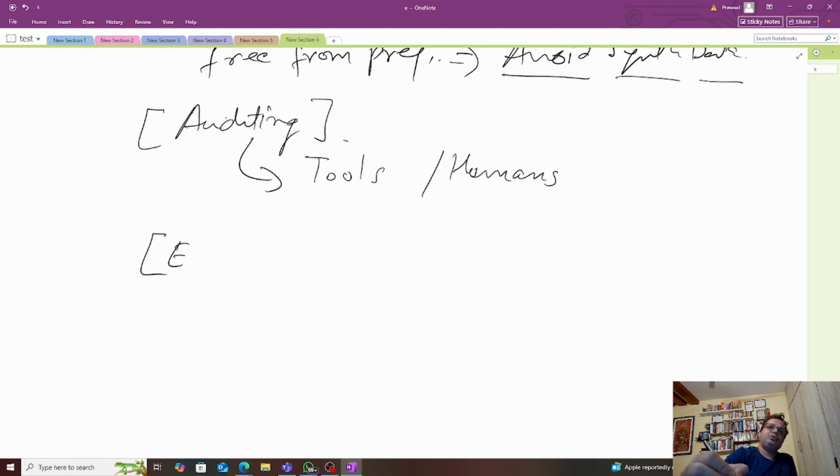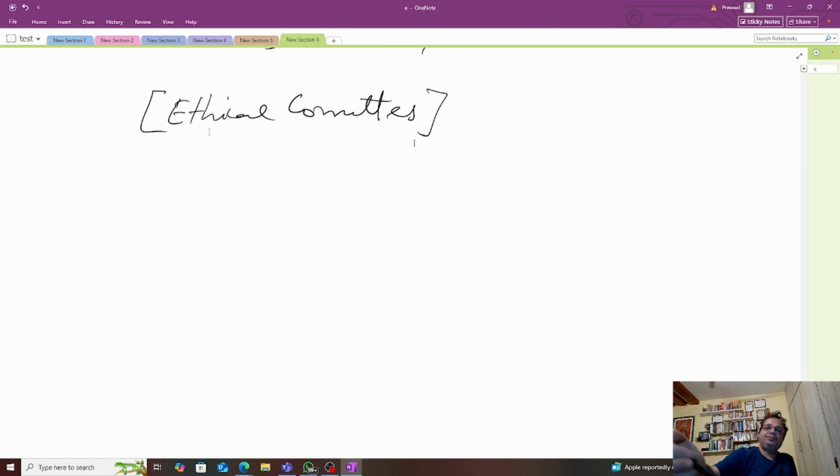I've seen that most companies already have ethical committees. Ethical committees talk about the trade-offs. These days it is almost impossible for a company to say that it is not going to use AI, because otherwise it becomes operationally very non-competitive.